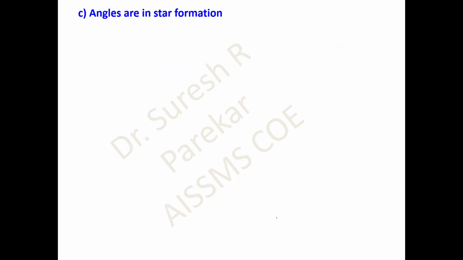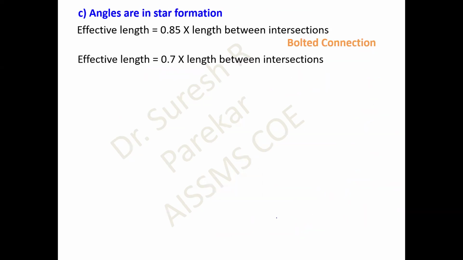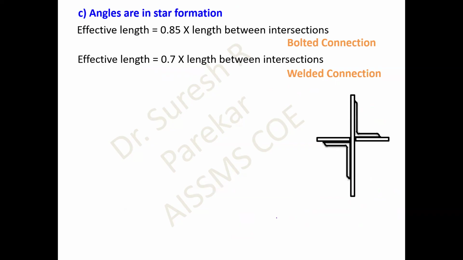Now we have the angles in star, and in case of angles in star we can have these as star sections. In this case we have ZZ and YY. Z individual we have over here, and Z whole over here. Similarly, we have Y individual, and then we have Y whole.